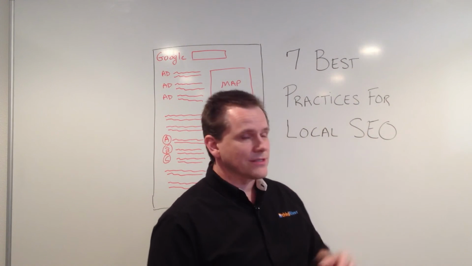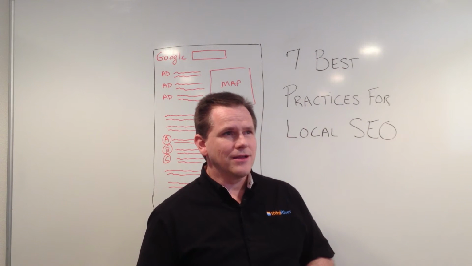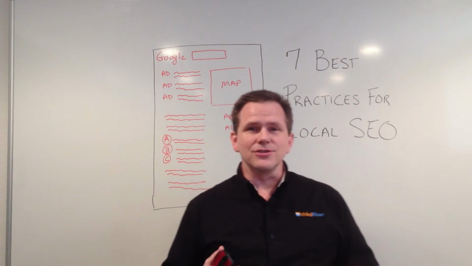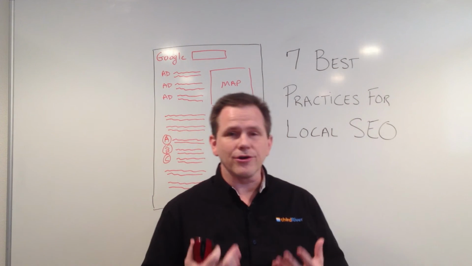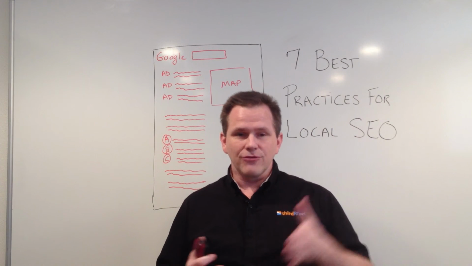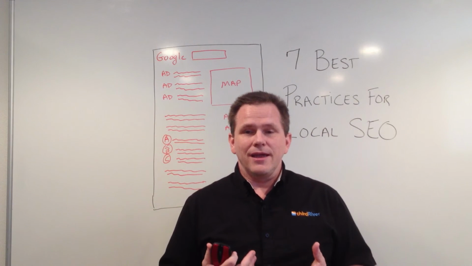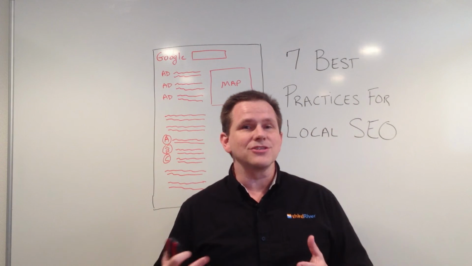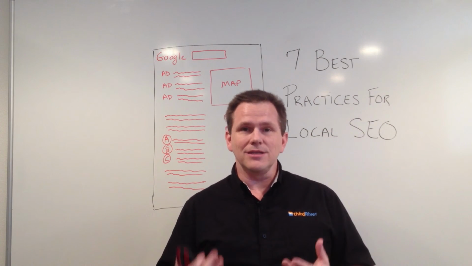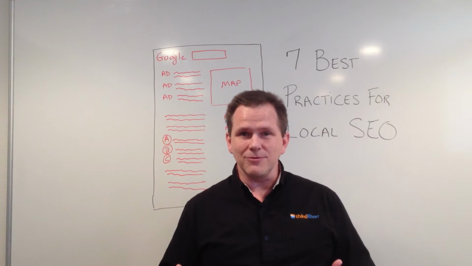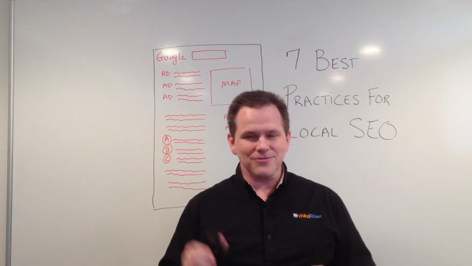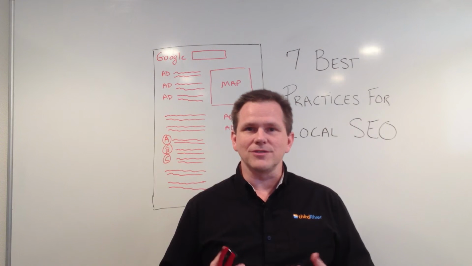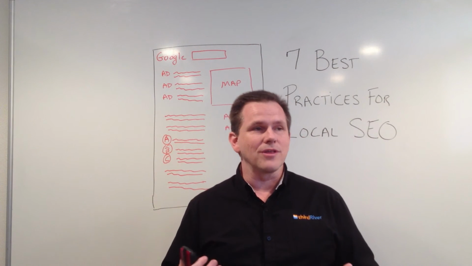All right, last piece here is to enable and encourage social sharing. In our very first step, we talked about content and how important that is for local SEO, but part of that is making it easy to share content when people find it. When they find good content, make it easy for them to just click and share that on Facebook or LinkedIn or Twitter or whatever that might be.